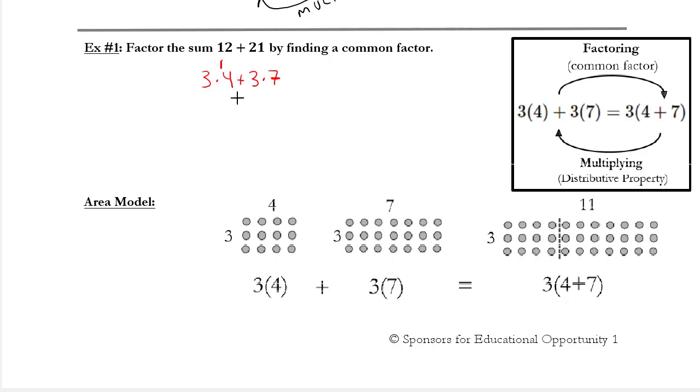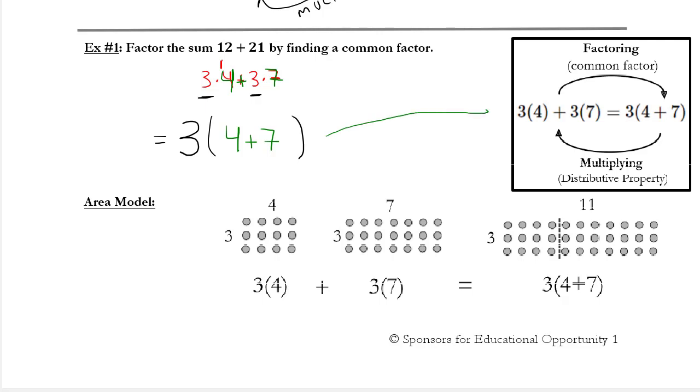Again, we're just rewriting it in a different form to expose the fact that we have a common factor of 3 right here. So we're going to say all this equals that common factor of 3 times what's left over. Well, I have a 4 plus a 7. So 3 times 4 plus 7. And there we are. This is how we factor it.